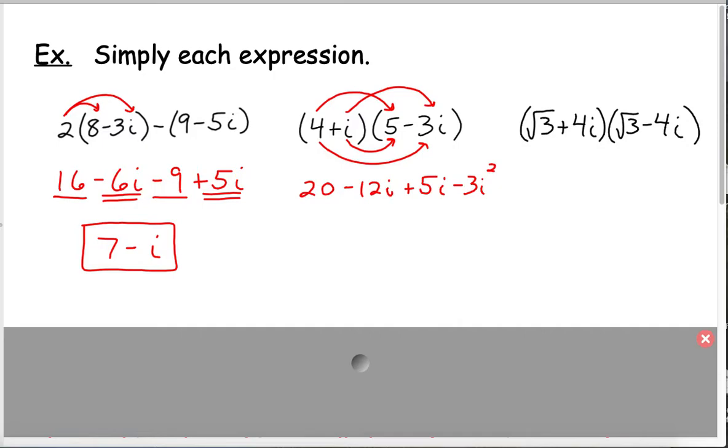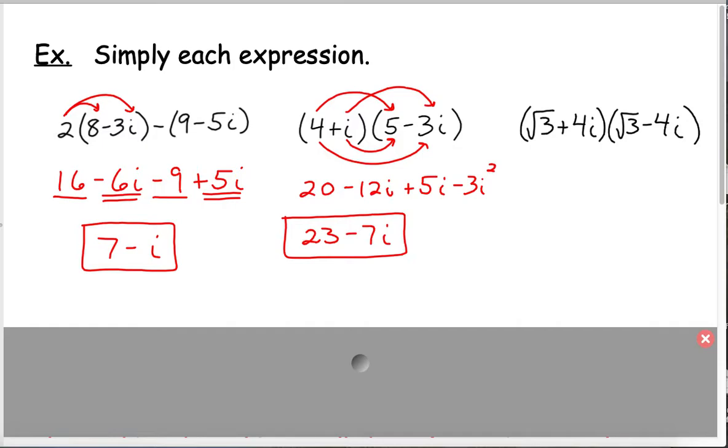So negative 3i squared, remember i squared is negative 1, so negative 3 times negative 1 is a positive 3, and then I'll add that to the 20 and get 23. And then negative 12i plus 5i is negative 7i. We're done.